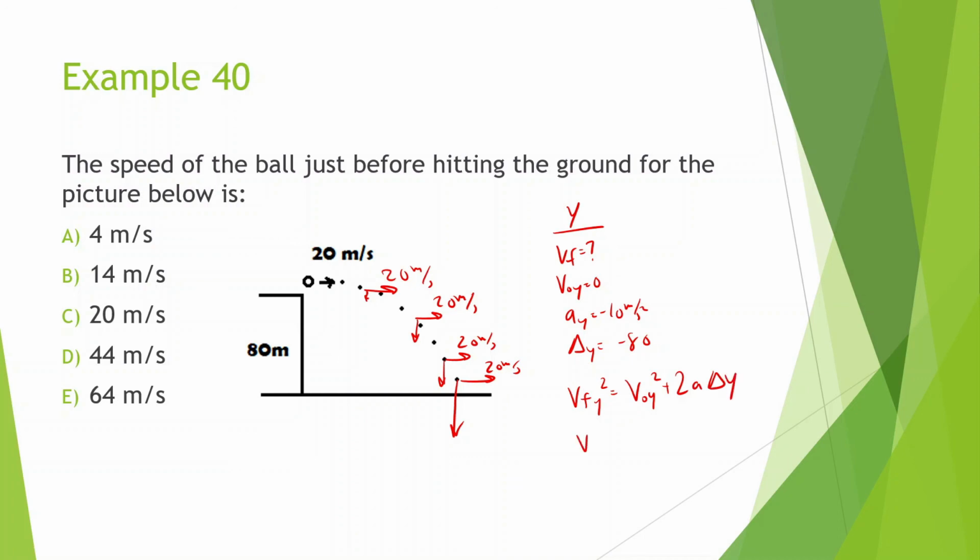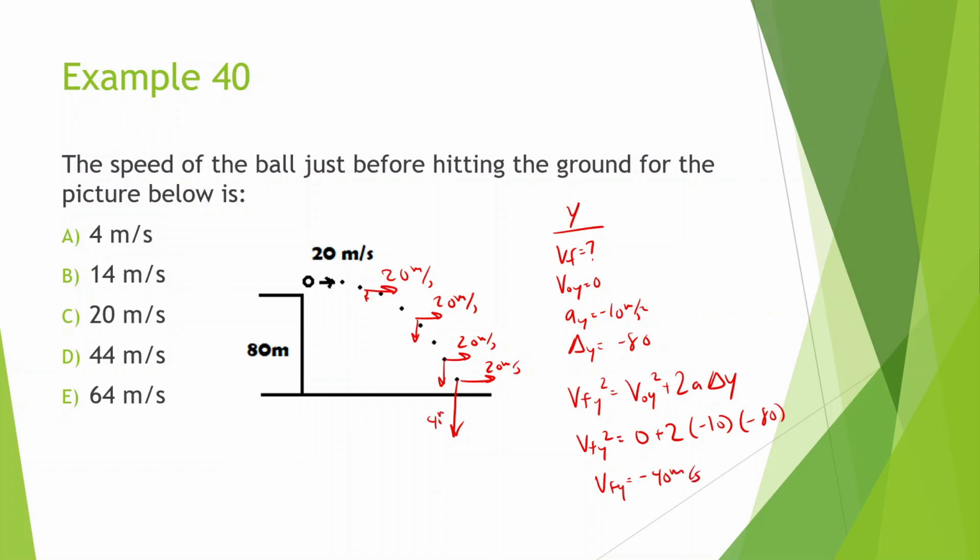So v final y squared, which we're looking for, is equal to 0 plus 2 times negative 10 times negative 80. So it's 800 times 2, 1,600. Let's put it in the calculator anyway, 40 meters per second. This is squared, so it could be plus or minus, but we know it's going to be going down at 40 meters per second.